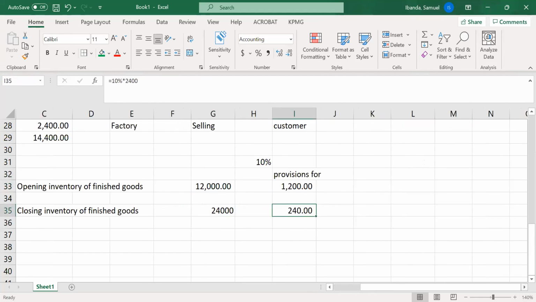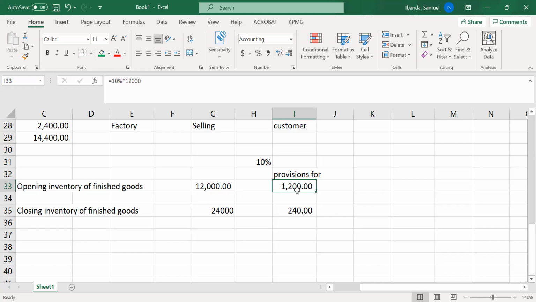So we say that if the provision for unrealized profits on closing stock exceeds this, then that would debit our P&L, okay?